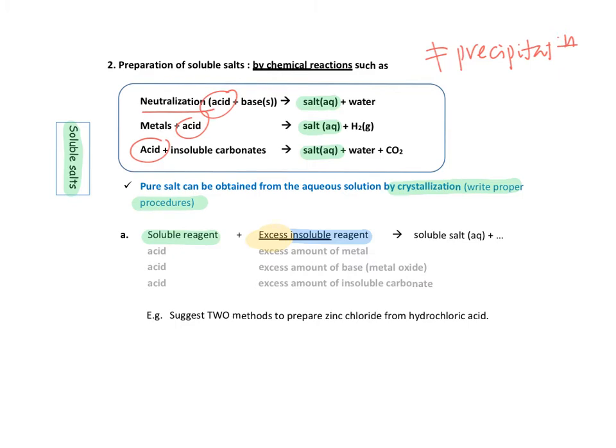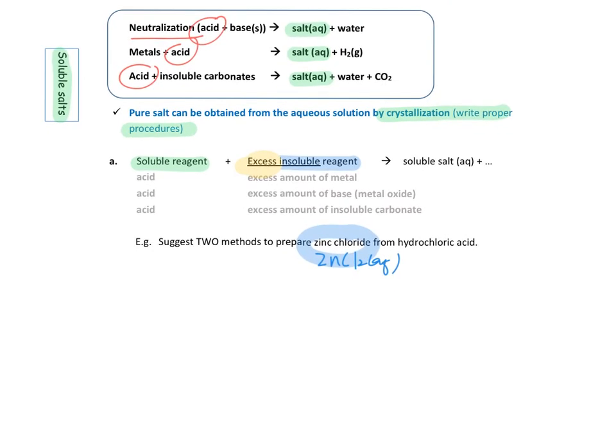Now, if we want to prepare zinc chloride, which is soluble in water, by looking at the possible reagents, we can use the acid, which is hydrochloric acid, and the metal, so we can dissolve zinc in hydrochloric acid, and your product is zinc chloride and hydrogen gas.